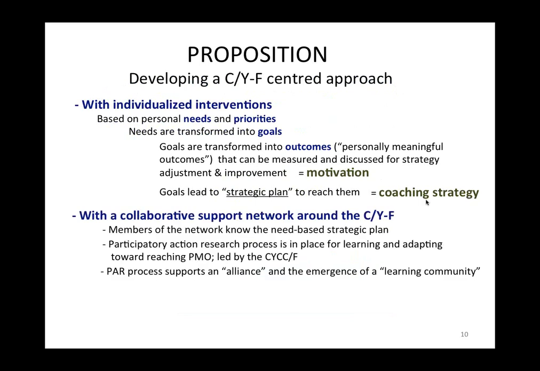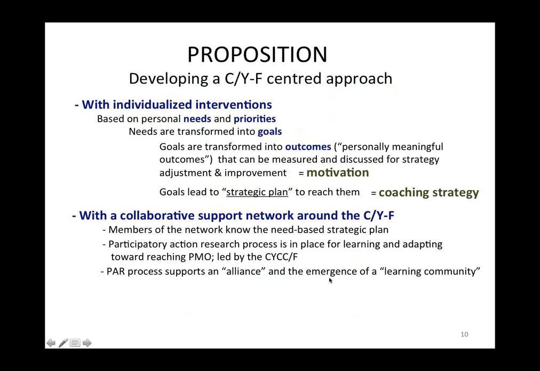The second element is a collaborative support network around the child, youth, and families. Members of the network know the need-based strategic plan defined above, and a participatory action research process is in place for learning and adapting toward reaching the personal meaningful outcomes. And everything is led by the child, youth, and families.